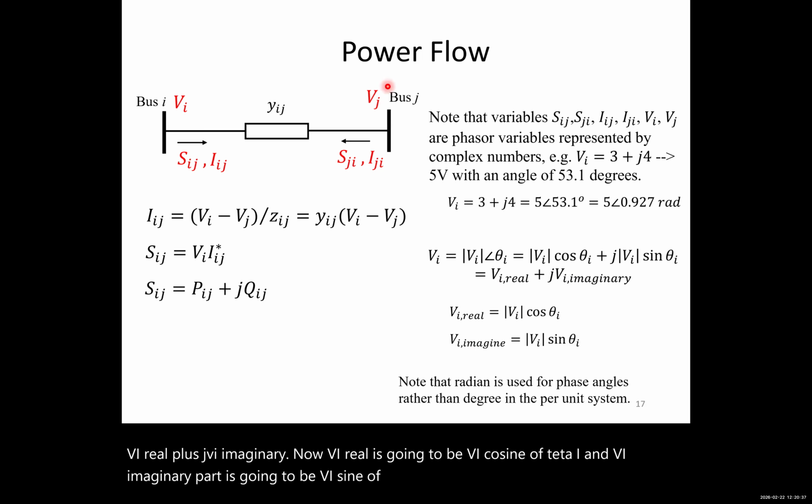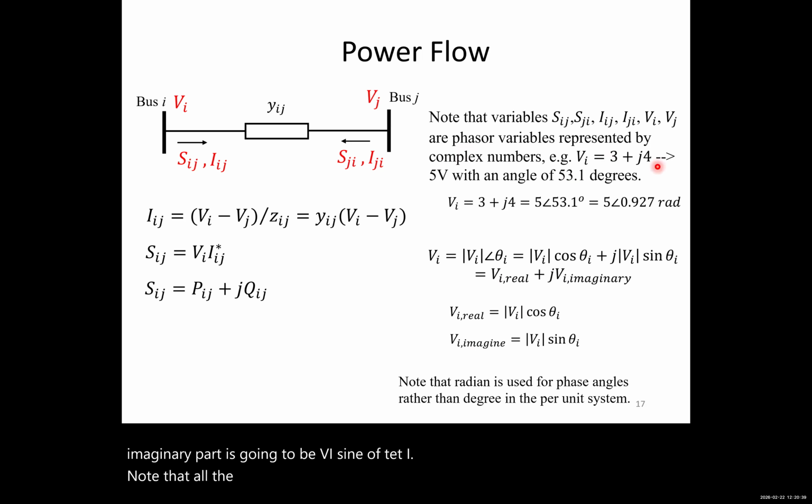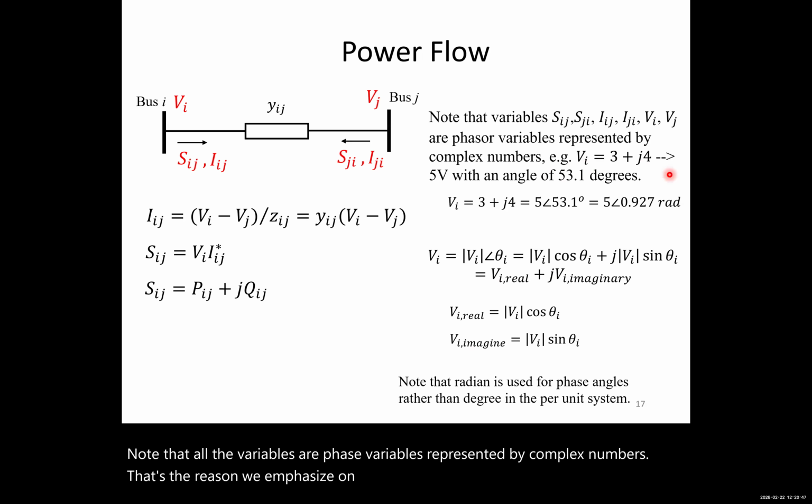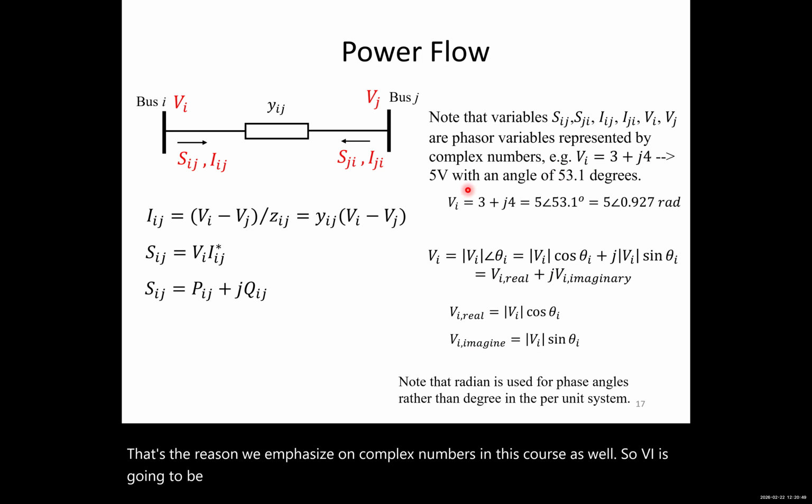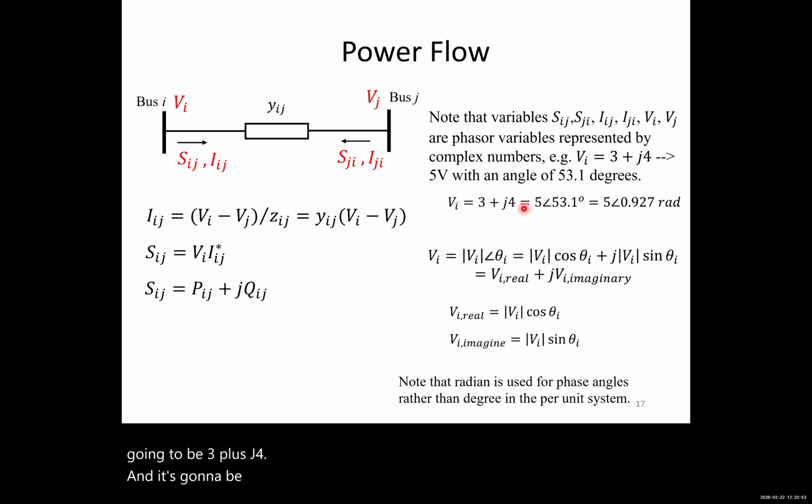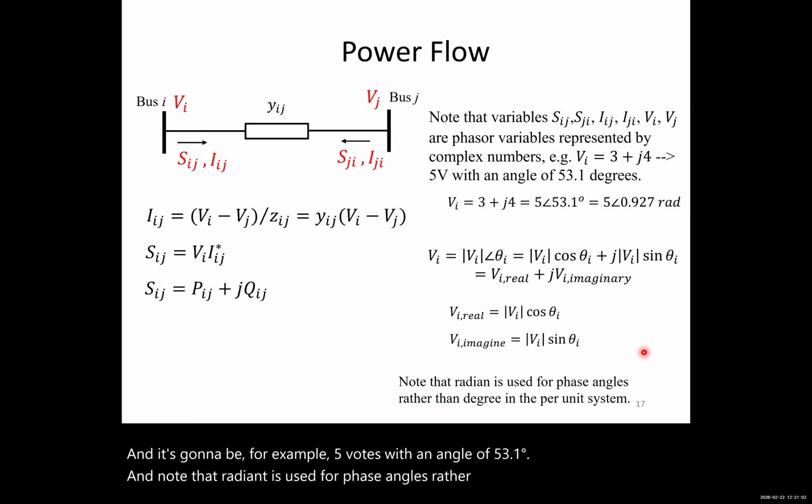Note that all the variables are phasor variables represented by complex numbers. That's the reason we emphasize complex numbers in this course as well. So Vi is going to be 3 plus j4, for example, 5 volts with an angle of 53.1 degrees. And note that radians are used for phase angles rather than degrees in the per unit system.